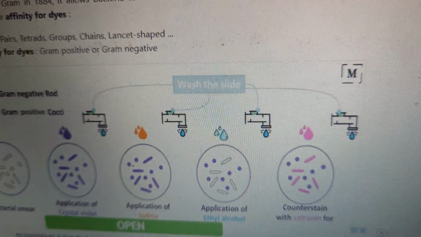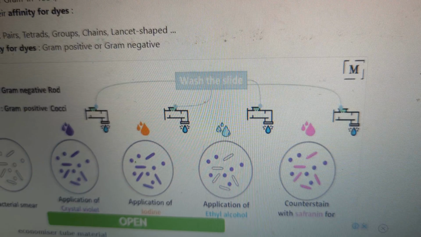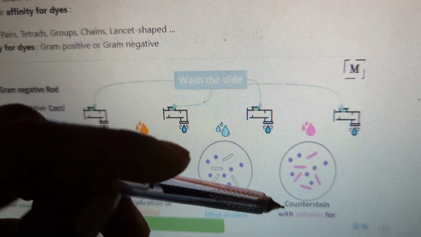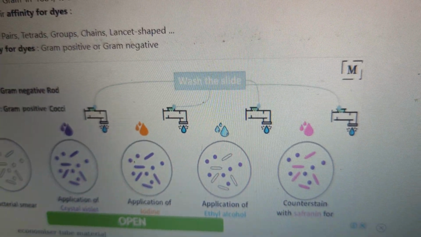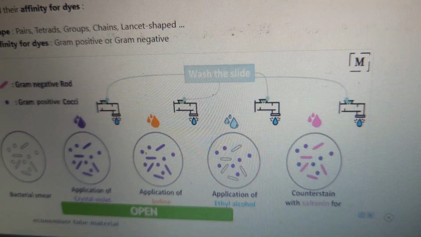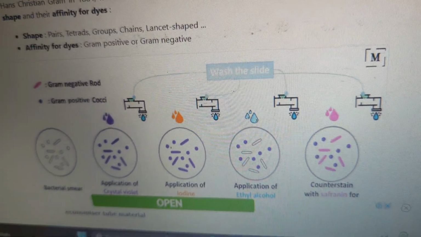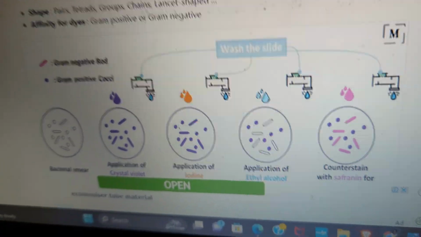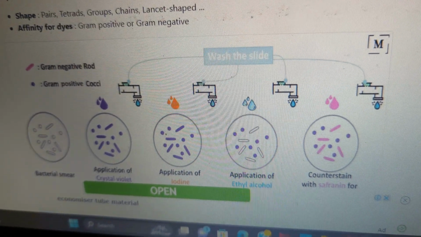But regardless of whether it's gram positive or gram negative, we will apply the counter stain in the procedure. So that is the basic principle of gram stain.